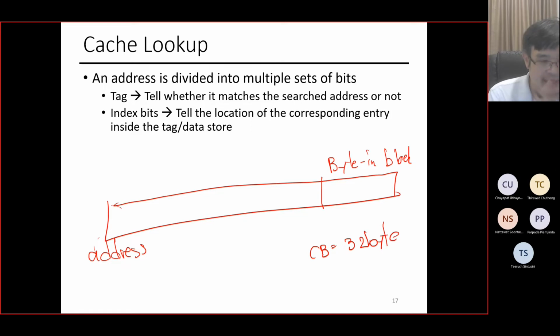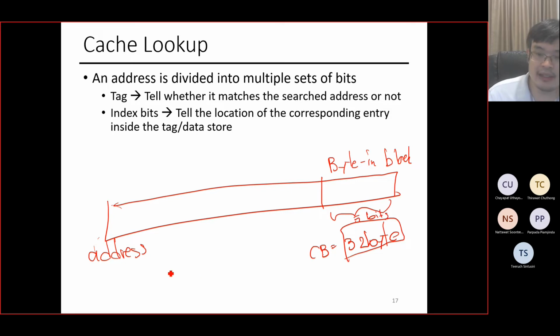How many different locations do I have to be able to tell? I need to be able to tell from byte 0, byte 1, byte 2, byte 3, up to byte 31 of that cache block, right? So it means that I need log base 2 of 32 in order to tell which byte I'm trying to access, right? So for a 32 byte cache block, this is going to be 5 bits.